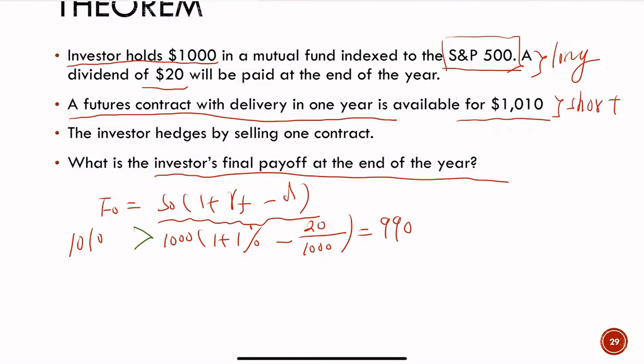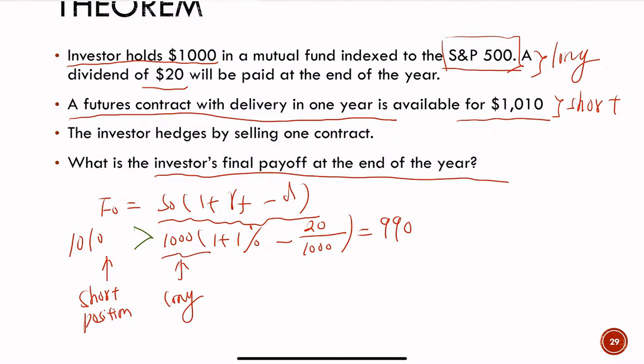Well, you can see that obviously because futures price is overvalued, what you would do is you will take a short position in this futures contract, and then you will take a long position in this equity.